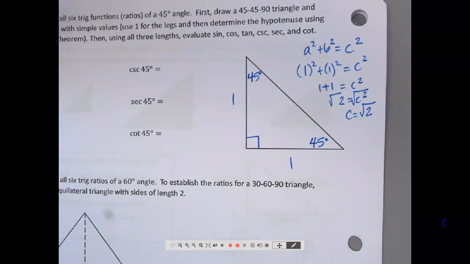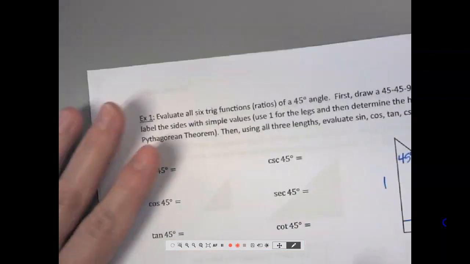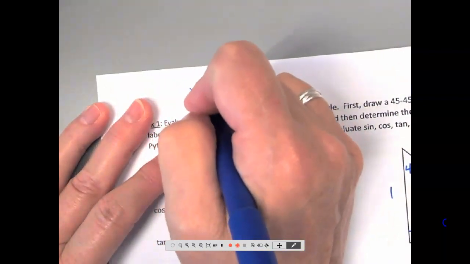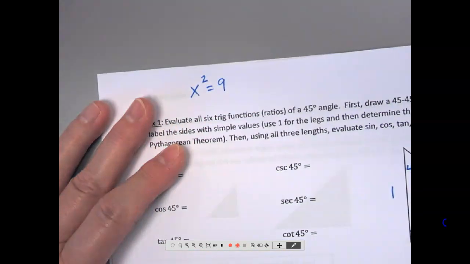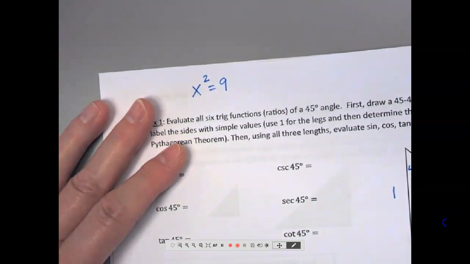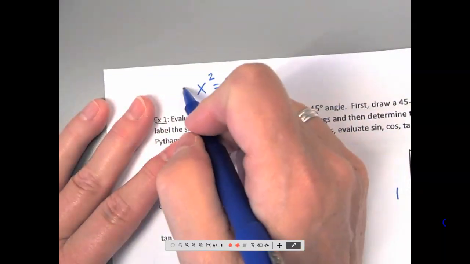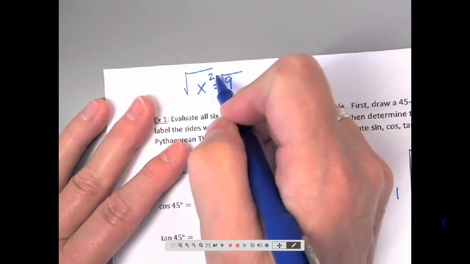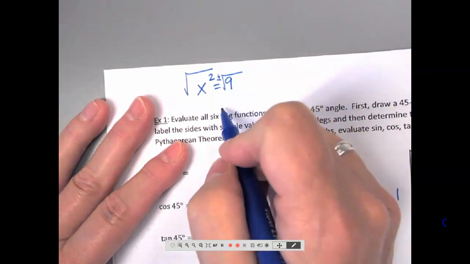Now, often when we take the square root of both sides of an equation, I'll say we have to do plus or minus. Let me go up here and talk about that. If I told you that x squared was 9, what is x? Maybe. So I'd have to say, okay, take the square root, but there is a positive and a negative possibility.